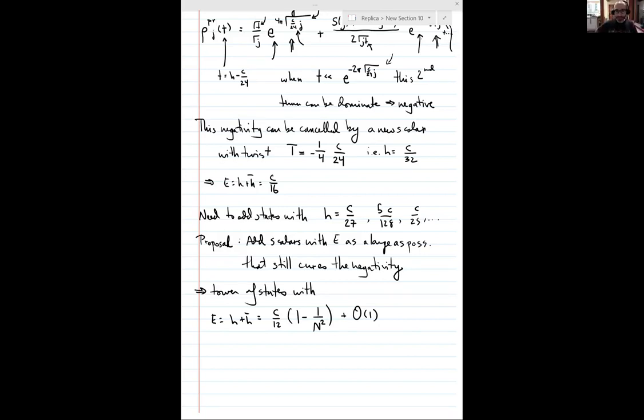It didn't make sense. And I'm coming up with a proposal for what the minimal thing I need to add to this is. And you could interpret this as adding matter to pure gravity. But in fact, I'm going to just interpret it as a modification of what I mean by pure gravity. And I'll do that by giving you a very physical interpretation for what these states are. And I'm going to do that right now, unless there are any other questions.